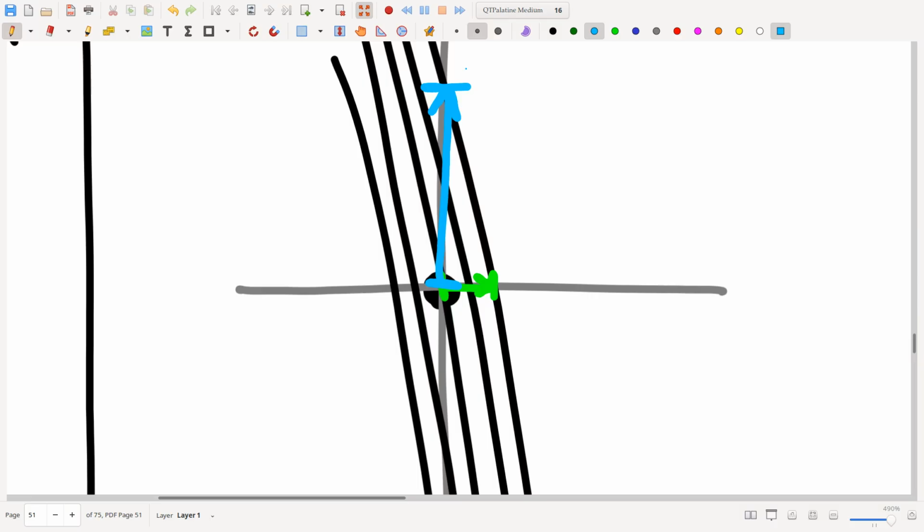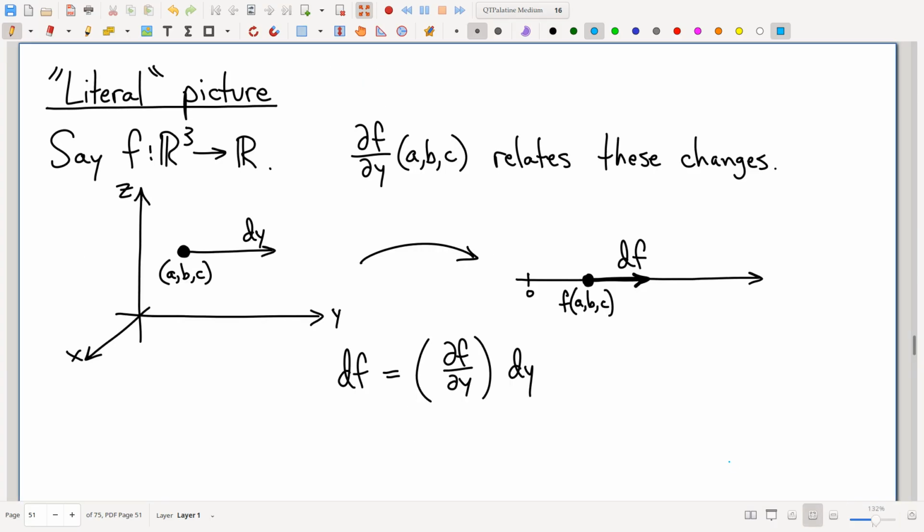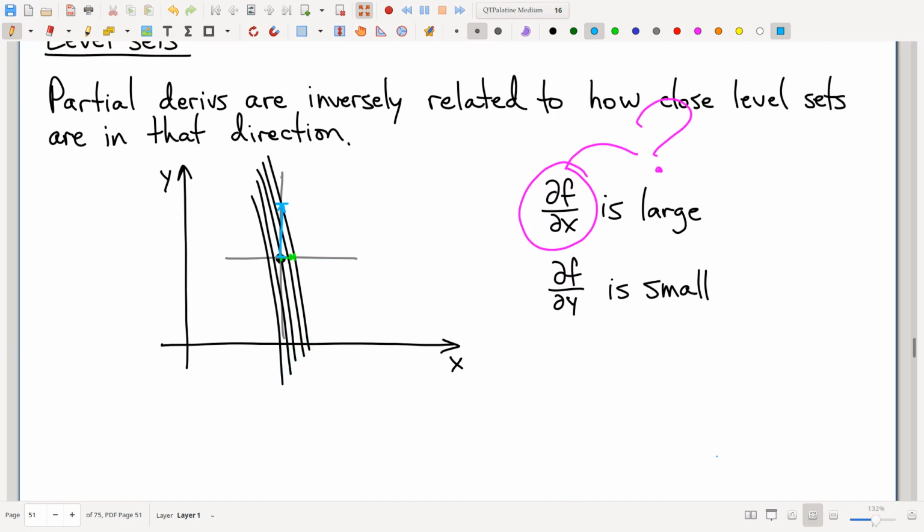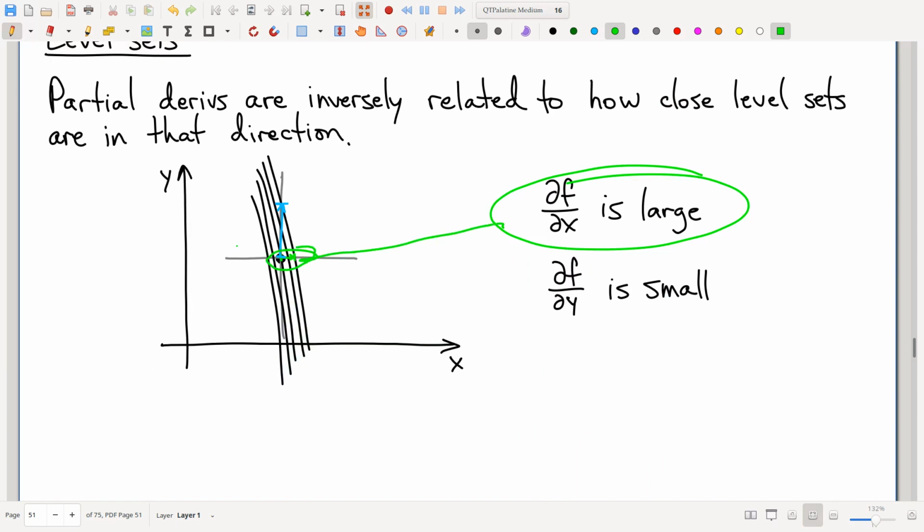Less steep of a graph, and therefore a lower partial derivative as I go in that y direction. In the same way that the x partial is large because of how quickly I gain altitude in that direction, the y partial is small because of how slowly I gain altitude as I go in that direction.